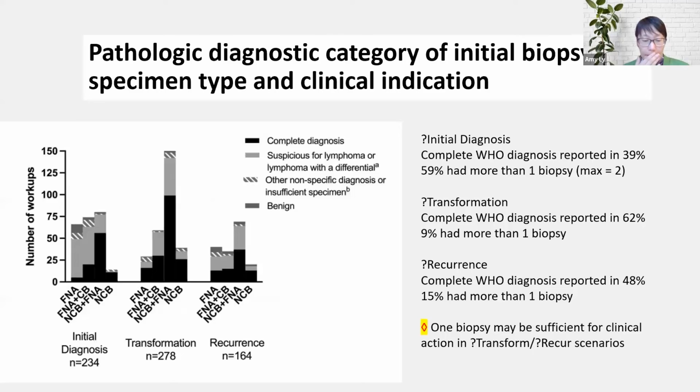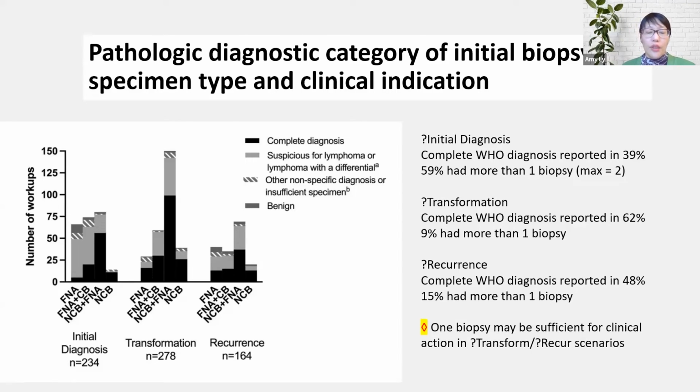So for the purpose of initial diagnosis, a complete WHO diagnosis was reported in only 39% of workups. And this understandably correlates with an increased frequency of multiple biopsies.